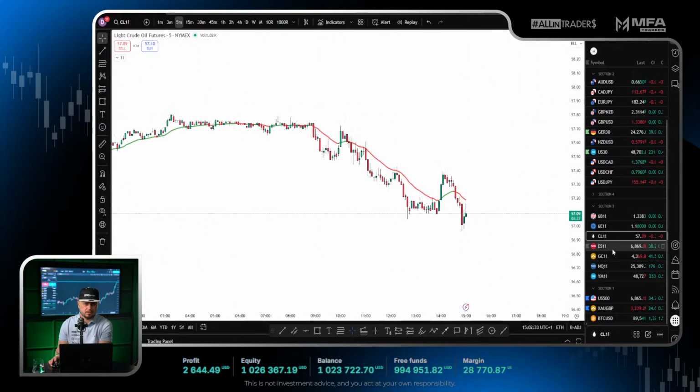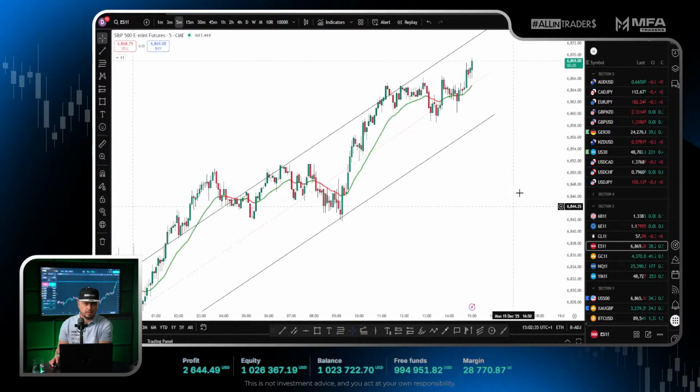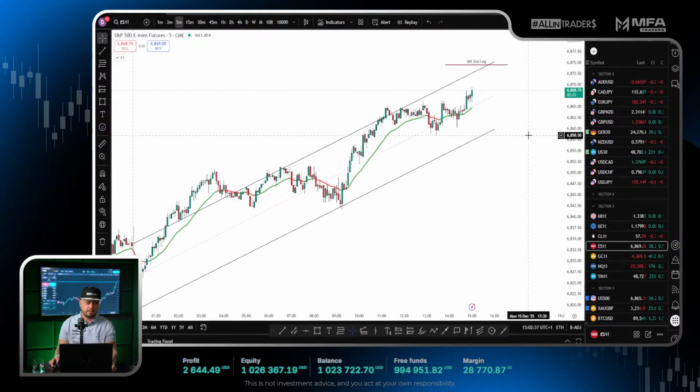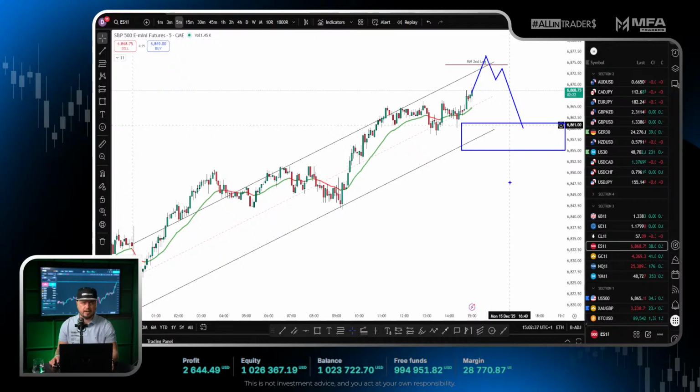And also crude oil, no. US 500 is looking good, but we need to wait for the price to get to the measure move. Then we need to check the pullback zone and reaction at the bottom of the rotation channel, or an undershoot, but after, the price will have to go back into the rotation channel, and then we can look for the trade. Okay, so we got two options.